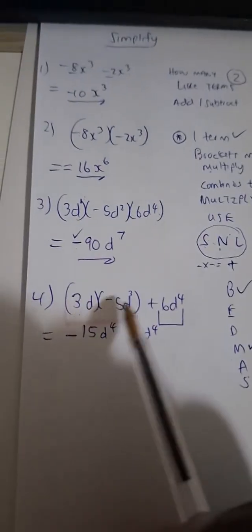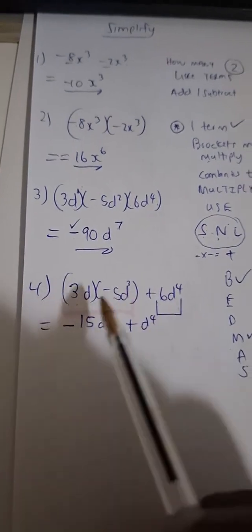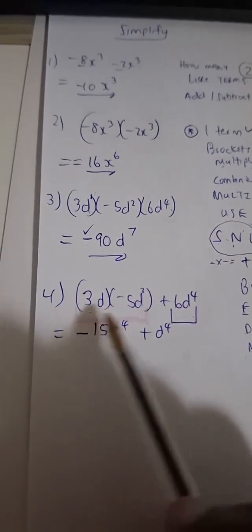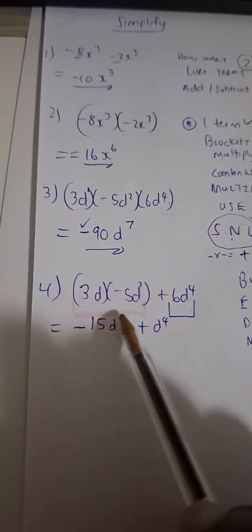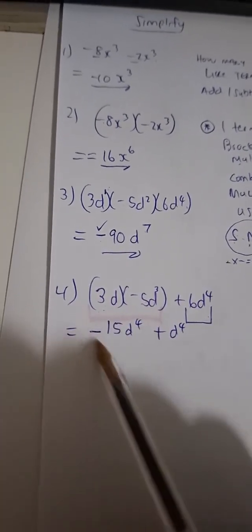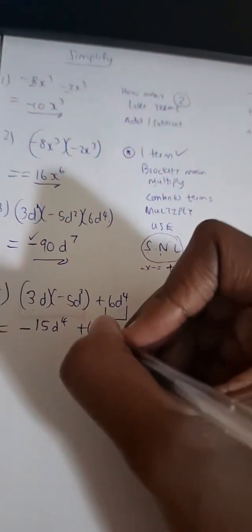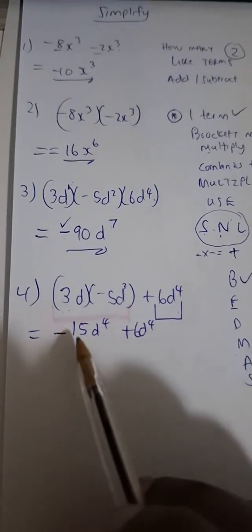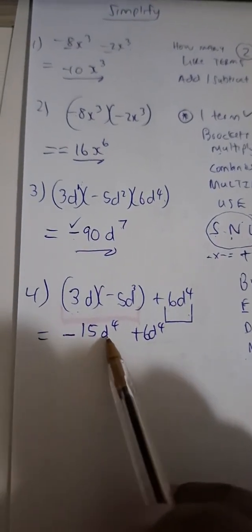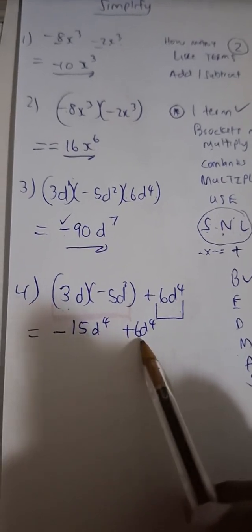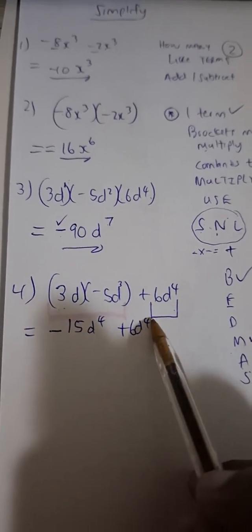Our 2 terms were actually made of combined terms, which gives us negative 15d to the power 4. Now we have 6d to the power 4 minus 15d to the power 4 plus 6d to the power 4.